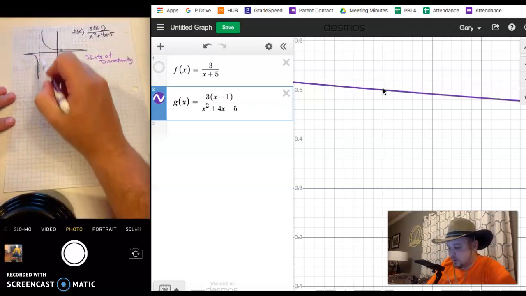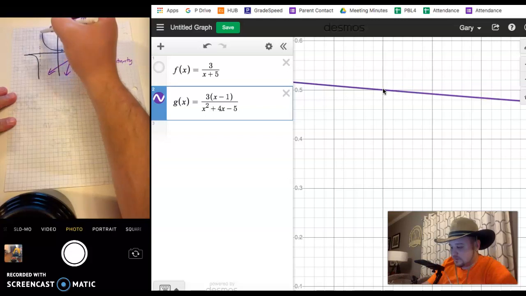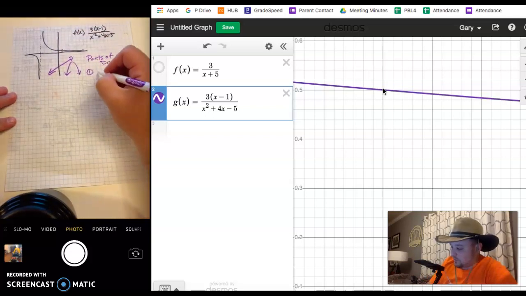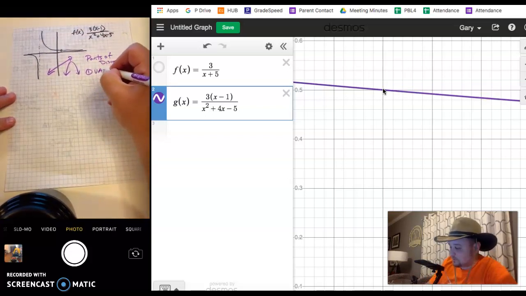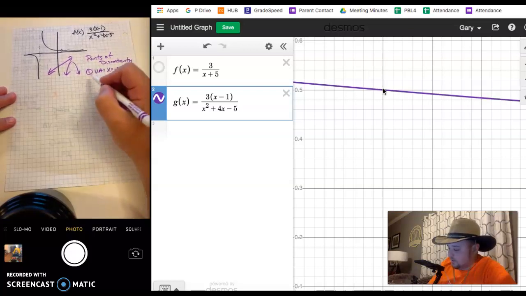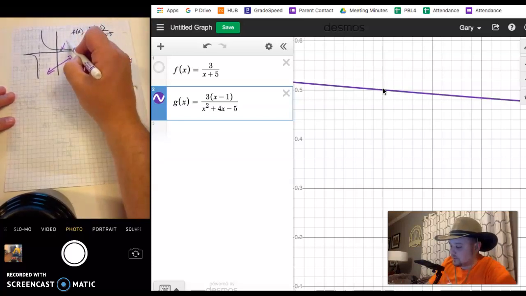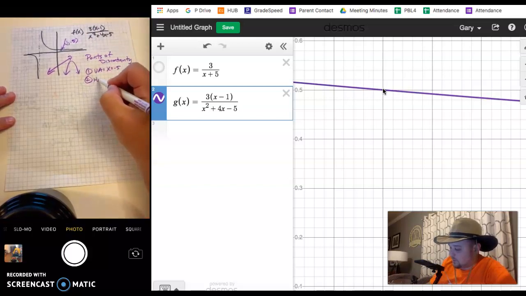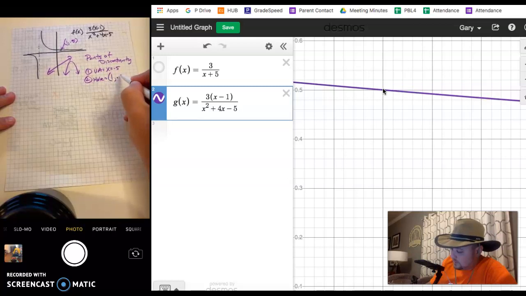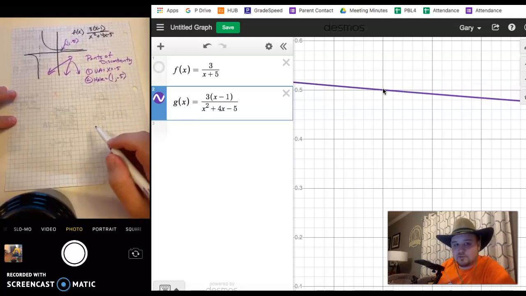This graph does have a break. It's got a vertical asymptote there, so one of our points of discontinuity is the vertical asymptote at x equals -5, okay? And then our other point of discontinuity is this hole right here, and that hole exists at the point 1, 0.5, okay? So there's a hole at 1, and then 1/2 is the y value for that hole. Okay.